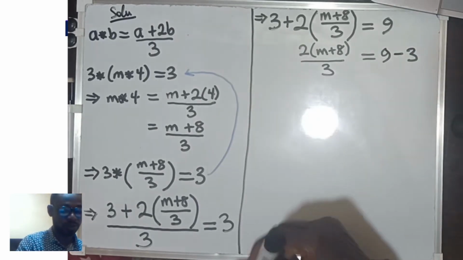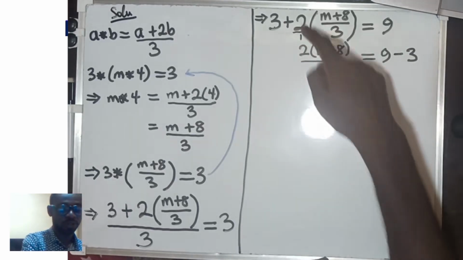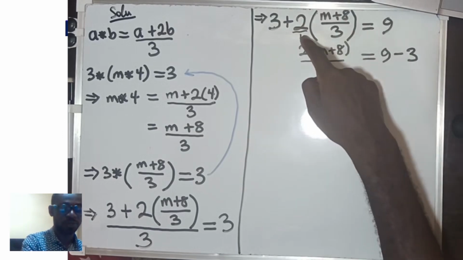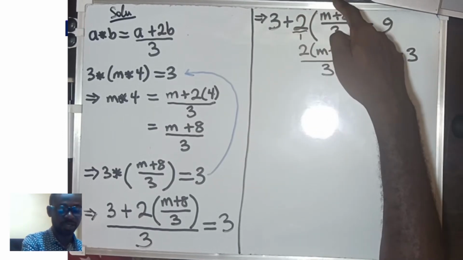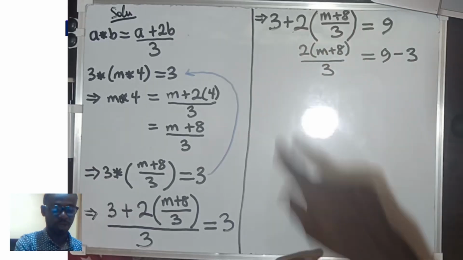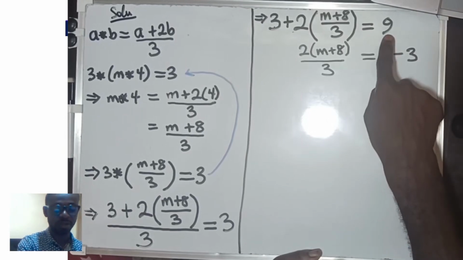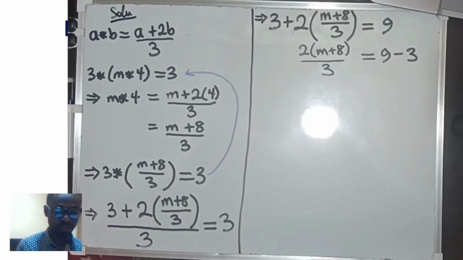We are able to do this because this 2 is assumed to be 2 over 1. So we are multiplying the numerators, then we are multiplying the denominators. 2 times m plus 8, then 1 times 3. And then this 3 is coming to the right hand side, so that we have 9. It is positive here. When it comes here, it becomes negative.